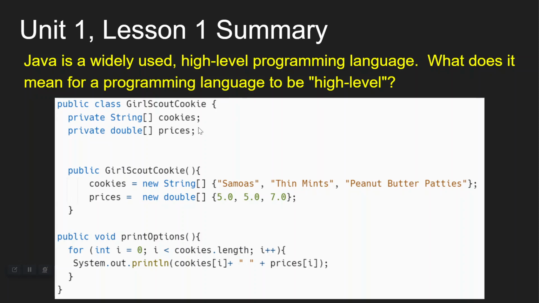You should be able to read through the program code, and you might not understand every single line of code or every single word that you see, but you should be able to fairly easily make an educated guess as to what the program is designed to do. That's because it's a high-level programming language. It's designed to be user-friendly and relatively easy to read and understand. So there you go.